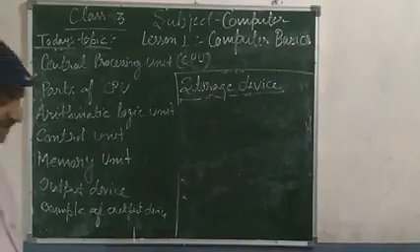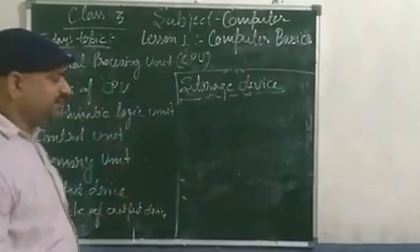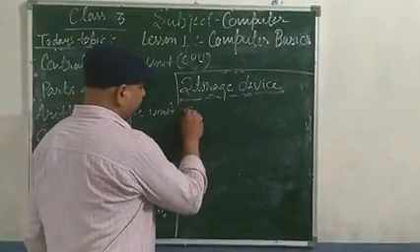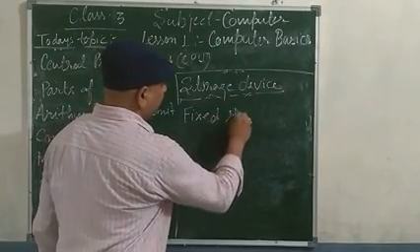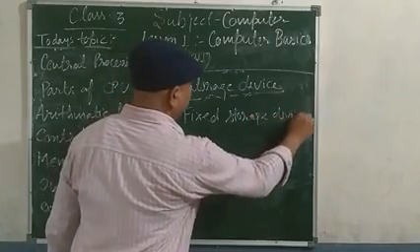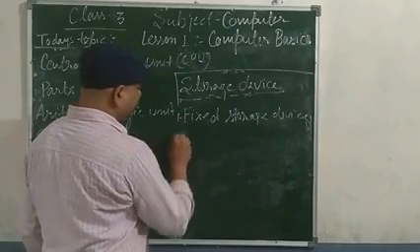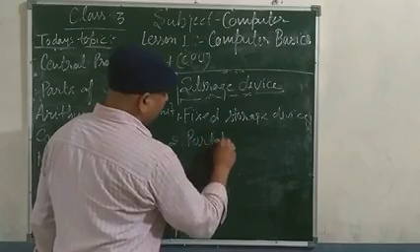We have two types of storage device. First one is fixed storage device, and second one is portable storage device.